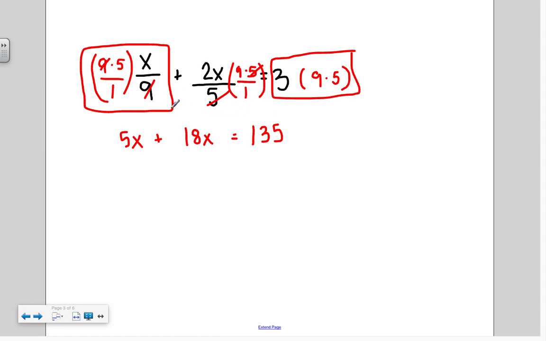So my new equation is 5x plus 18x equals 135. I can combine like terms here. I have 5x plus 18x, which is going to give me 23x is equal to 135. And then I'm going to divide by 23.